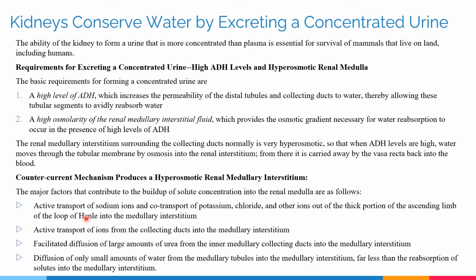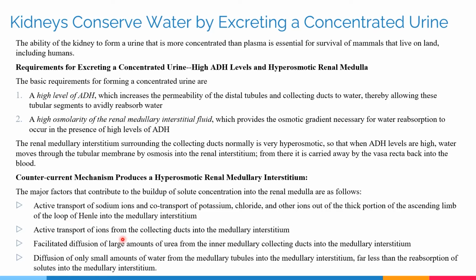So essentially, a lot of solutes are getting reabsorbed in the medullary region of the nephron, and this large reabsorption of various solutes and their transport into the renal interstitium allows the concentration and osmolarity of that region to increase, and this in turn produces a hyperosmotic renal medullary interstitium.